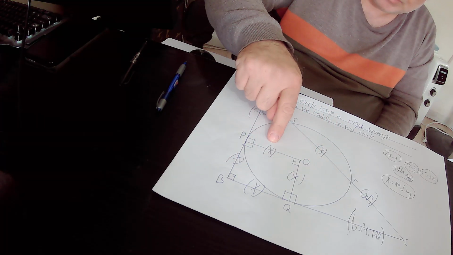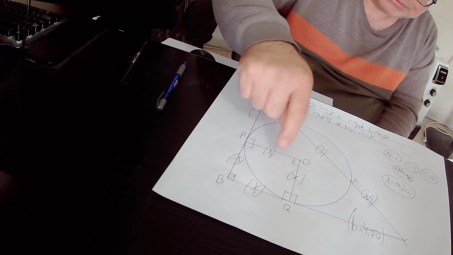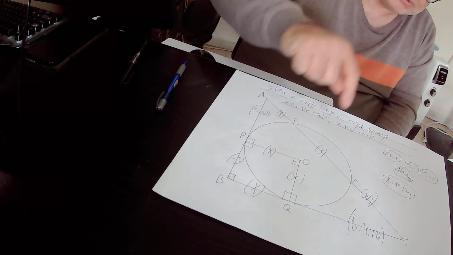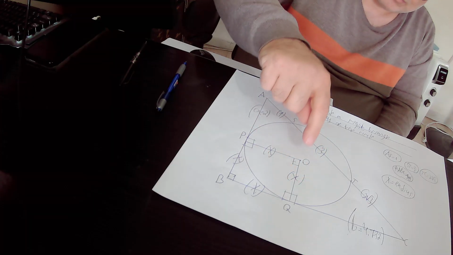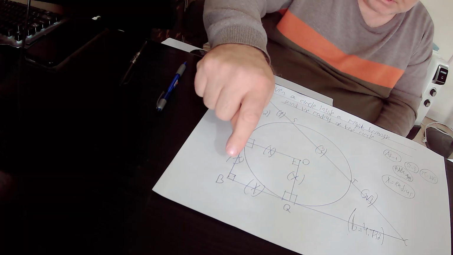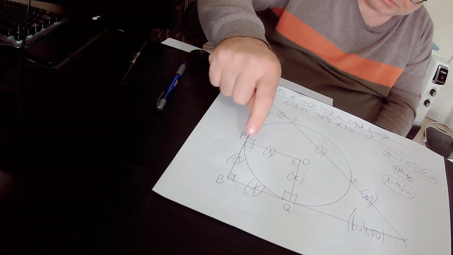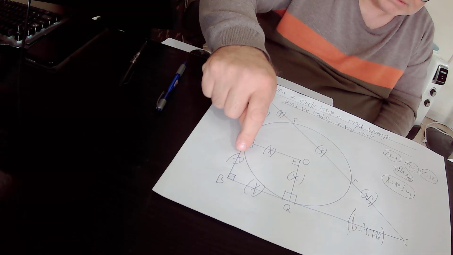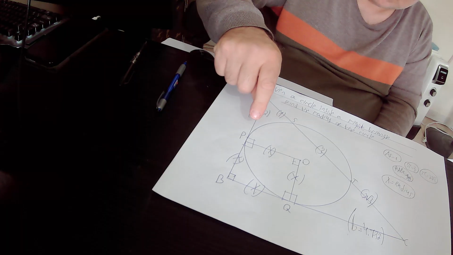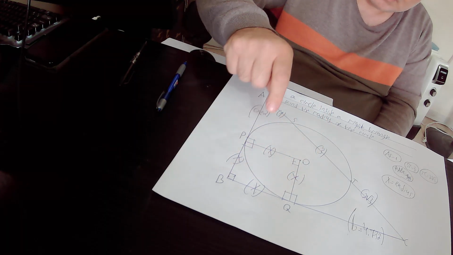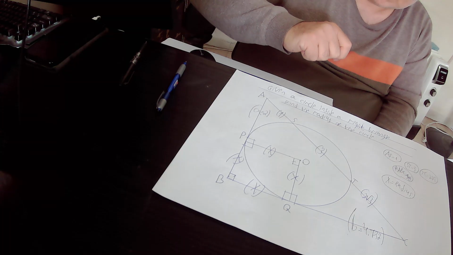But PO equals X, therefore BQ must also be equal to X. Likewise, side OQ must be equal to the opposite side PB. But OQ equals X, therefore PB must also be equal to X. So we found out that quadrangle POQB is not just a rectangle but a square.